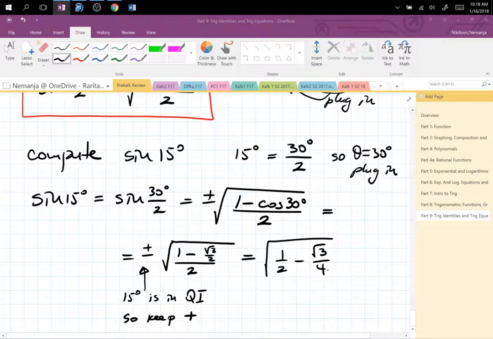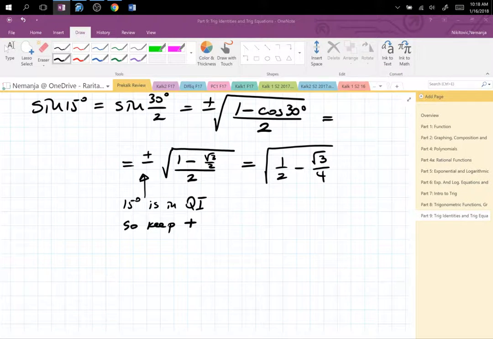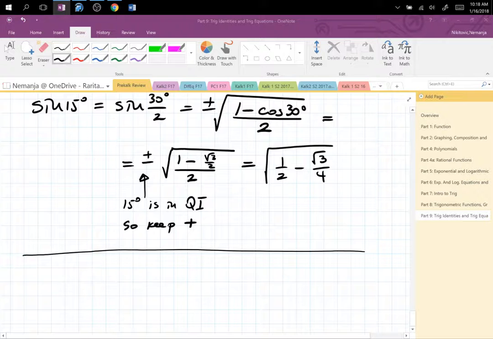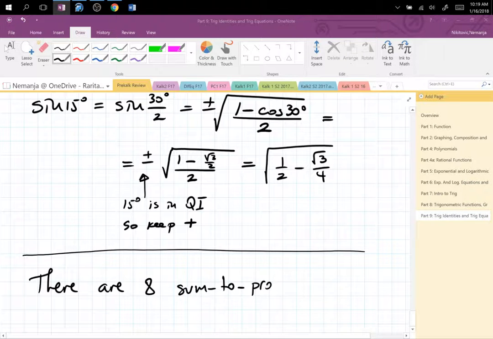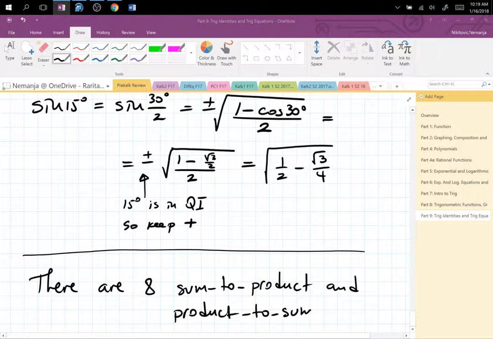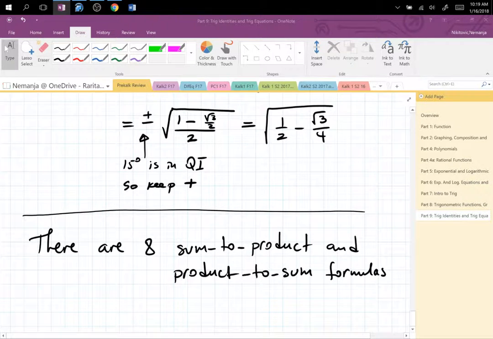So what I'm going to do is just write here, because it's not relevant to this review and the test you will be taking. So there are 8 sum to product and product to sum formulas out there.